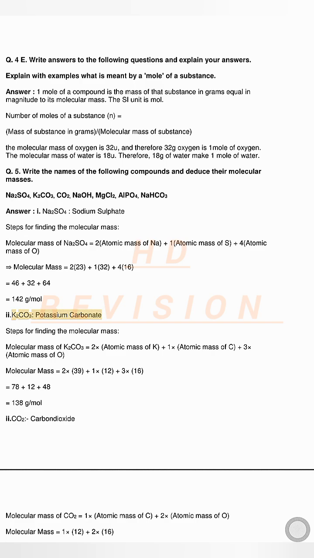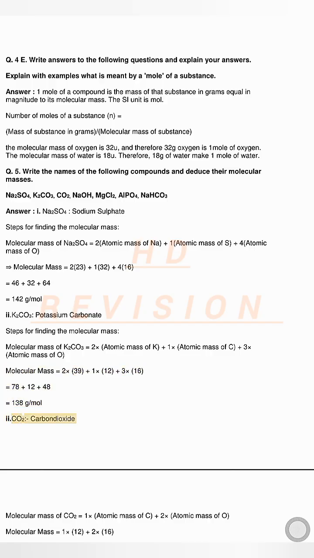II. K2CO3, potassium carbonate. Steps for finding the molecular mass. Molecular mass of K2CO3 equals 2 times atomic mass of K plus 1 times atomic mass of C plus 3 times atomic mass of O. Molecular mass equals 2 times 39 plus 1 times 12 plus 3 times 16 equals 78 plus 12 plus 48 equals 138 grams per mole.